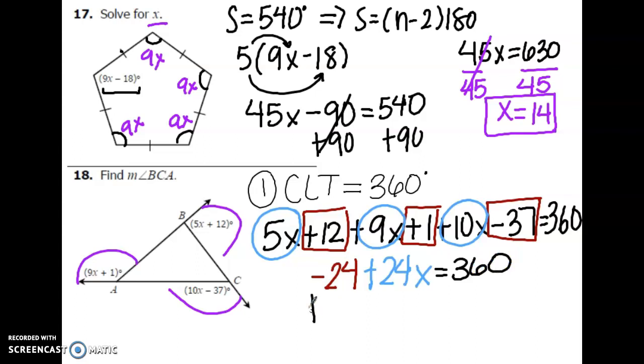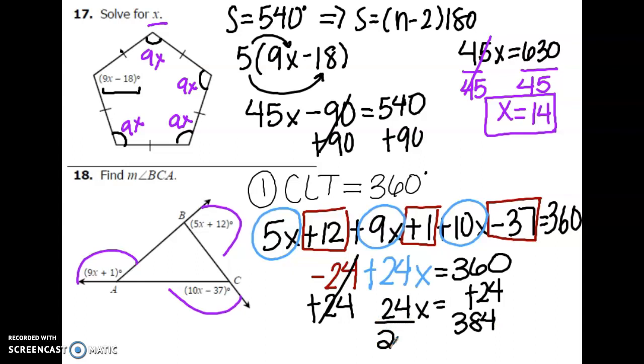I'm going to add 24 to both sides. So this can cancel. We are going to have 24x equal to 384. Divide both sides by 24. And you get an answer of x equal to 16.